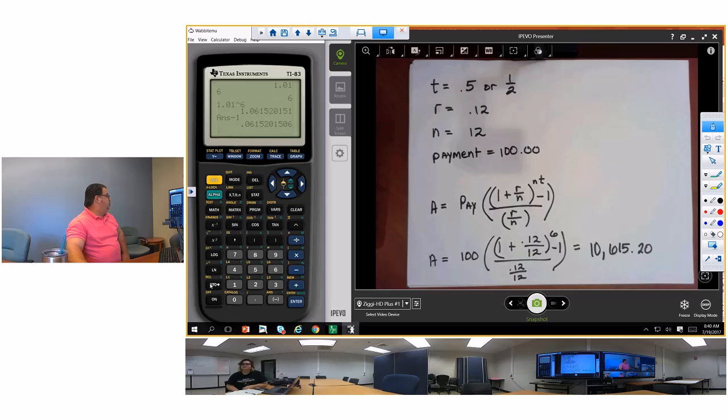Store alpha N. Now let's try it. So that's going to be 100 times parentheses alpha numerator divided by alpha denominator, close parentheses. And that gives us $615.20.